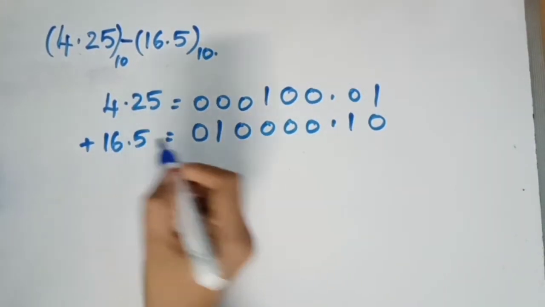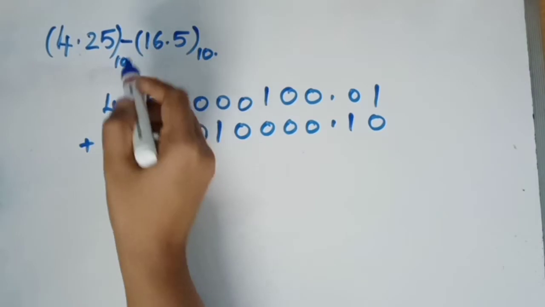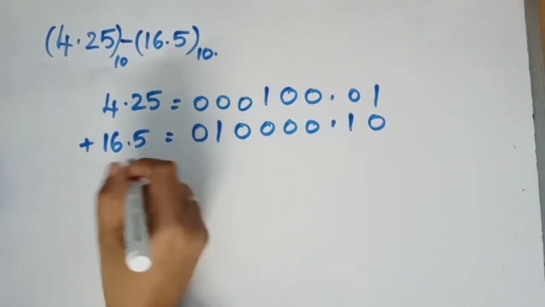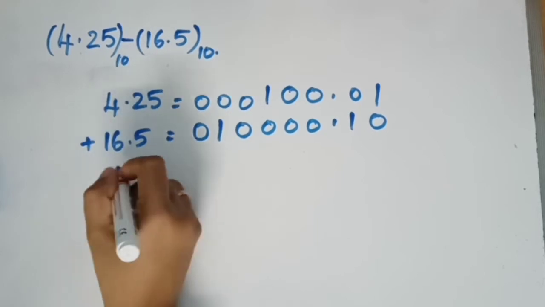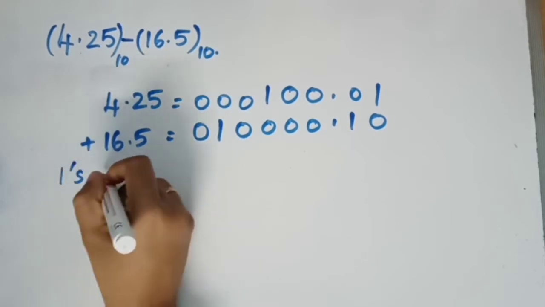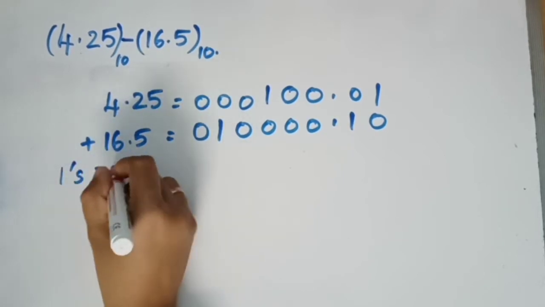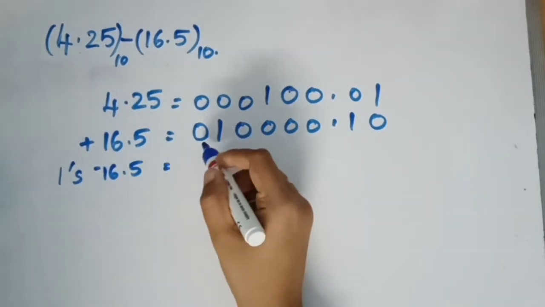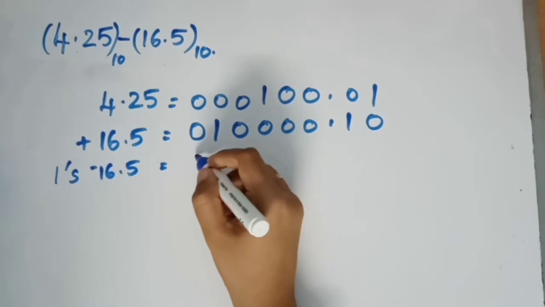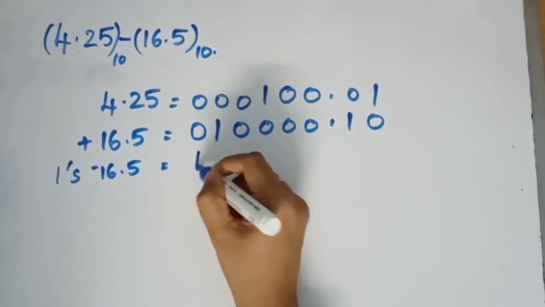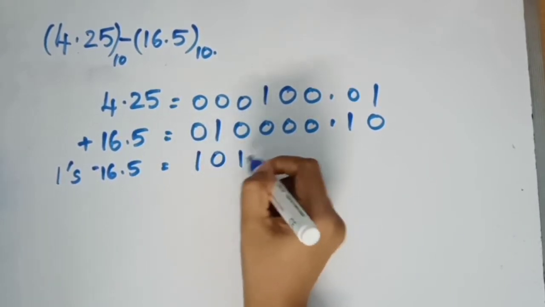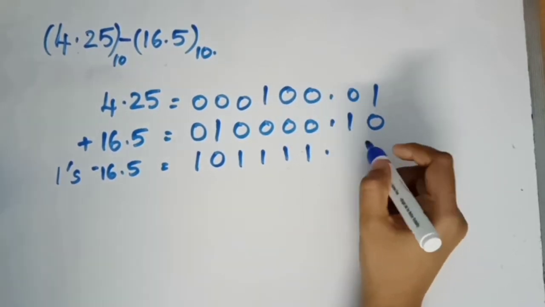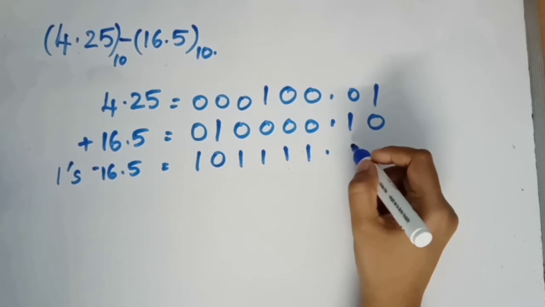So 16.5 is this. We need to find minus 16.5. Minus 16.5 will be, take the ones complement of 16.5, which we get by reversing each bit, or complementing each bit. So zeros will change to 1 and ones will change to zeros.